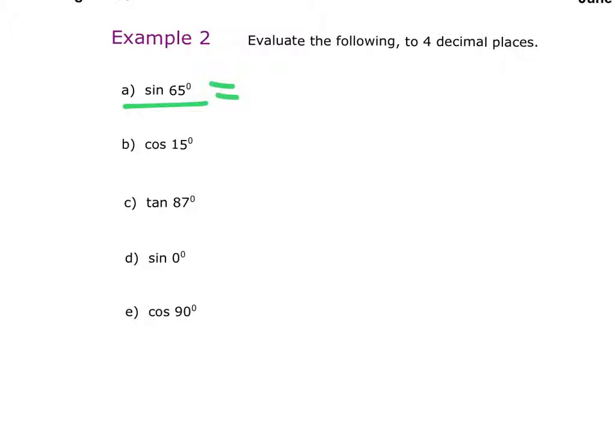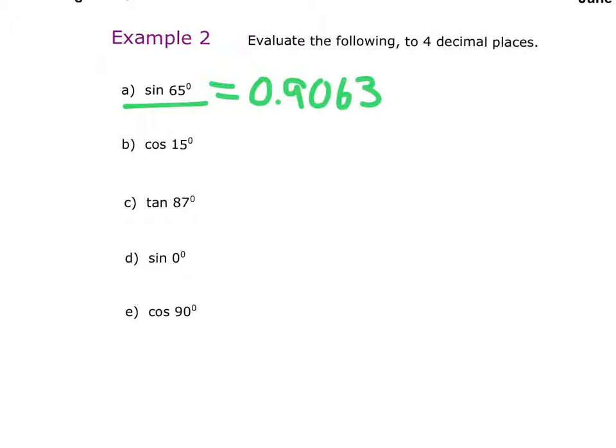If you're using your cell phone, you're going to do opposite. So sine 65, finish the brackets, equals. And you're going to put that decimal value down. So in this situation, it's 0.9063, okay?